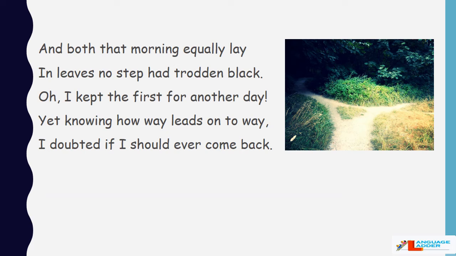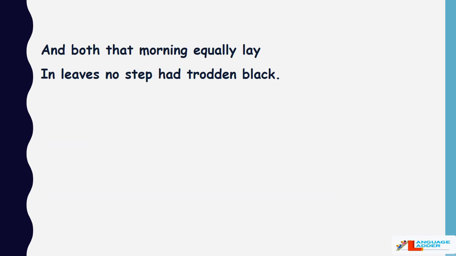Now, before we analyze these lines, let's look at these key words and try to figure out their significance here. Morning, leaves, no steps. So, these three words add more details to the setting of the poem. That is, the time and the place in which the poem is set.